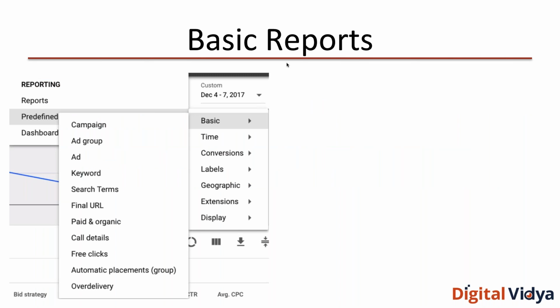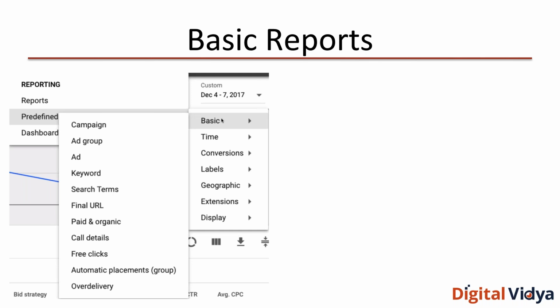So if you look at here, when I hover my mouse over predefined reports, it will show me a table which will say basic reports, time related reports, conversion reports, labels, geographic reports, extension report, display reports.